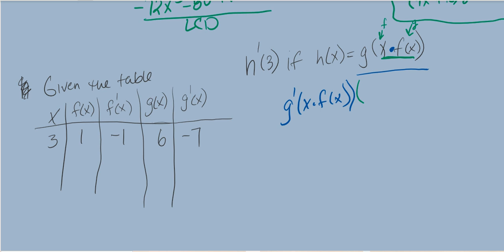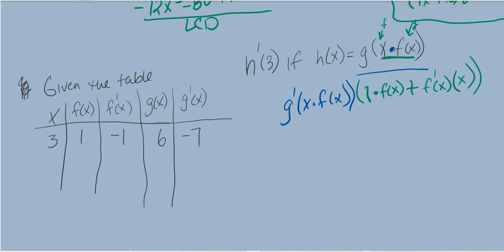The derivative of x would just be 1. And then we would multiply that by f of x. Plus, we would need to find the derivative of f of x. Well, the derivative of f of x will just be f prime of x times what will be our x.